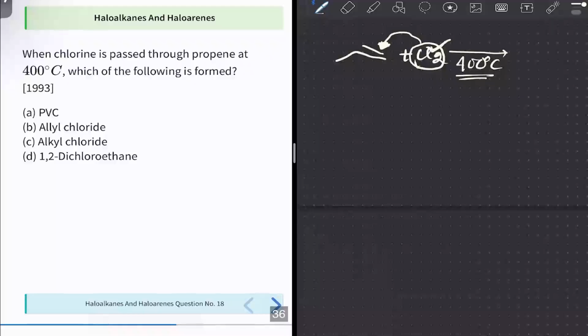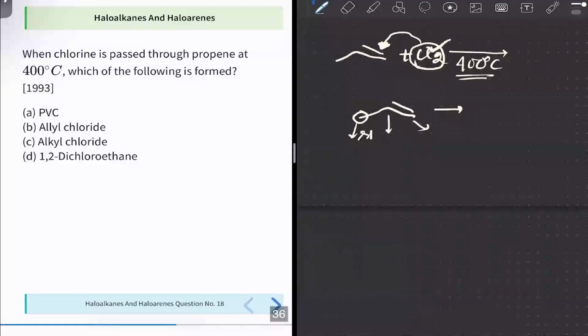Which reaction will be favorable? There will be a substitution reaction. Substitution reaction will be most favorable at 400 degrees Celsius. So we have to find the major substitution product for propene. For propene, there are three positions to be substituted: here one, here one, and here one. So which position will be substituted?